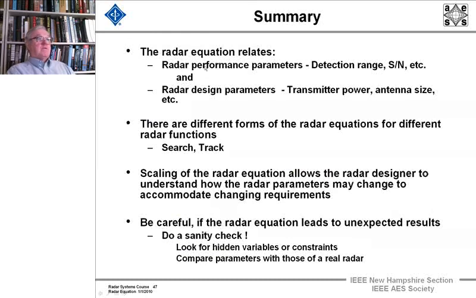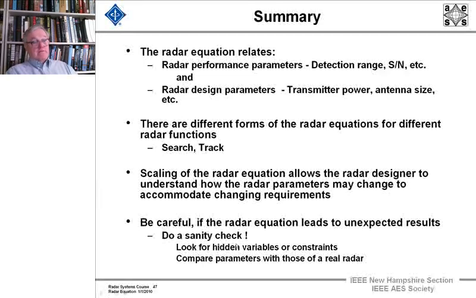So the radar performance parameters and the design parameters are related through the radar equation. There are two different forms of the equation, search and track. And scaling the equation allows the radar designer to understand the parameters and to accommodate the changing requirements, and to be very, very careful using sanity checks.